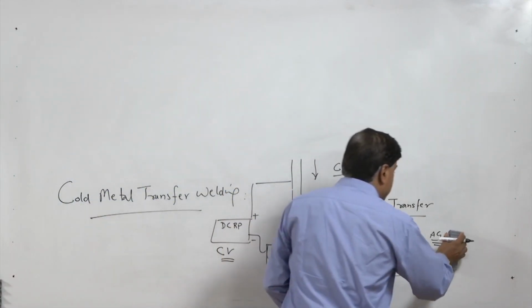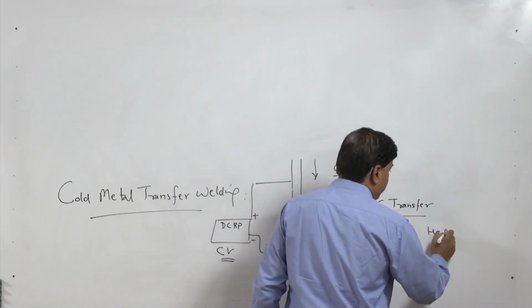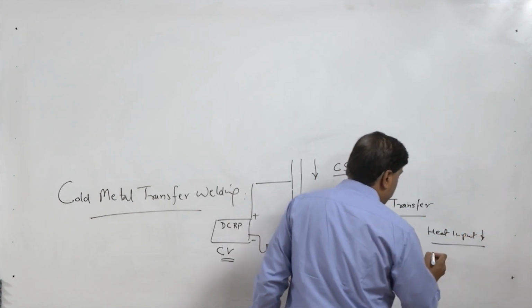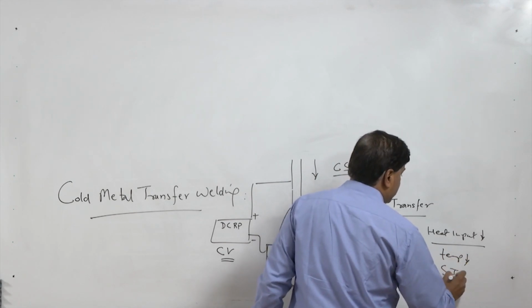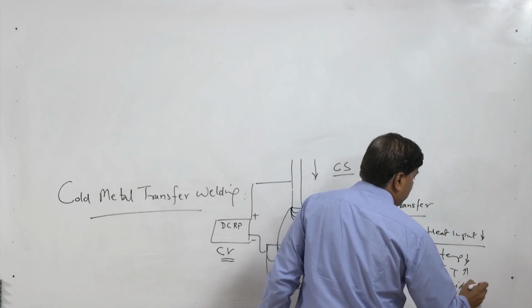In this process, because of the low current, the heat input is very less. Less heat input means the temperature of the molten metal is less, surface tension is high, and fluidity of the molten metal is less.